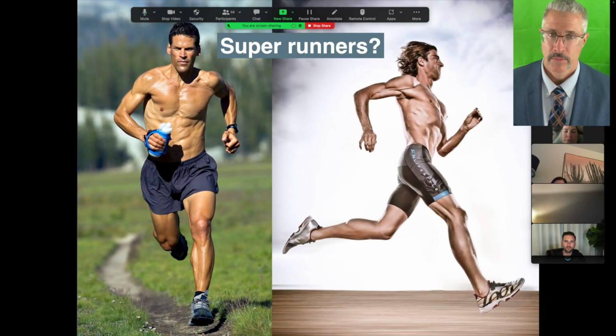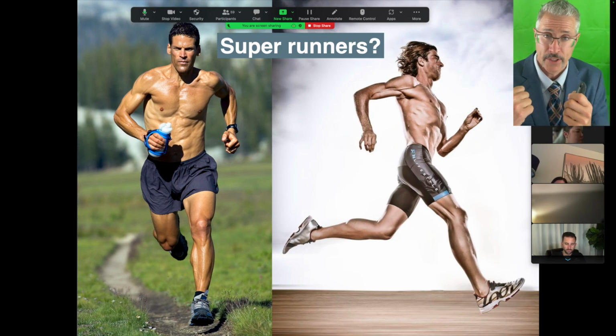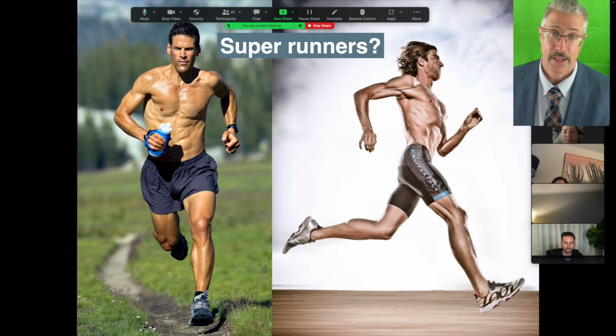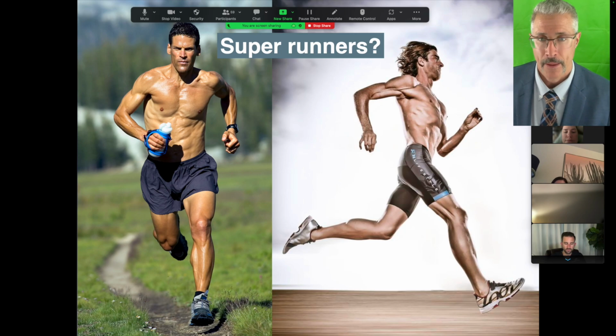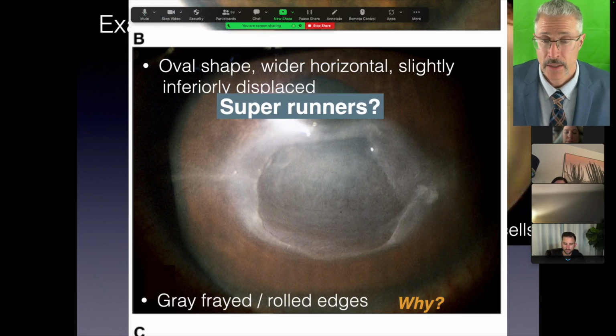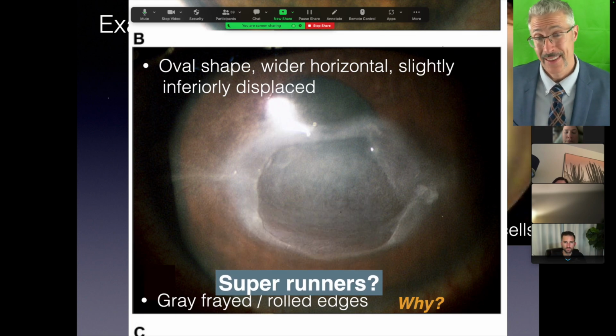So the epithelial cells are really super runners. This is a sheet of cells that has to grow from its blood supply, store all of its energy with it, and take it to the middle cornea. It's an amazing run that those cells make. So what's wrong with these cells? I don't want to take anything away from them.